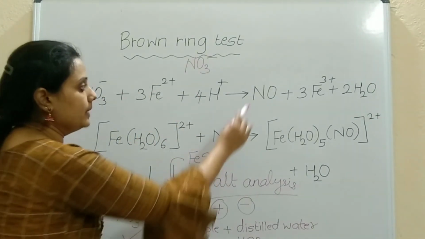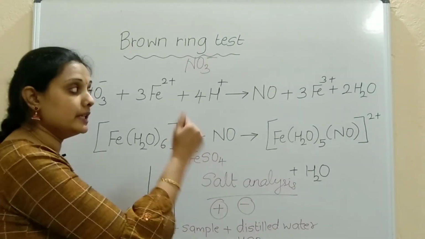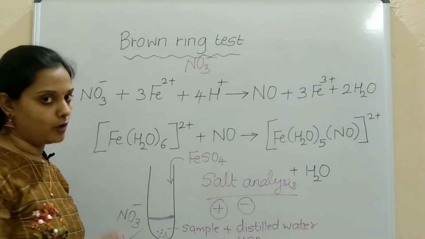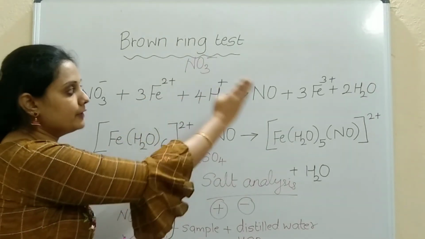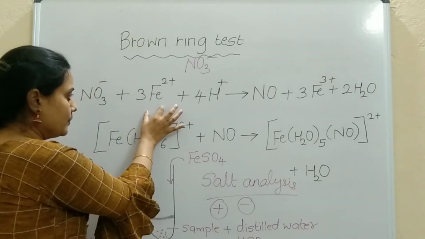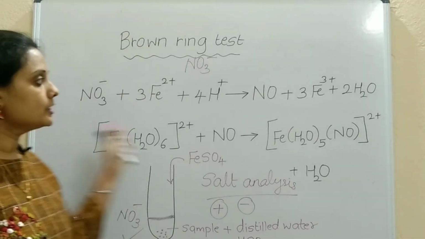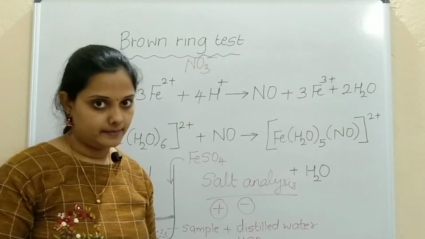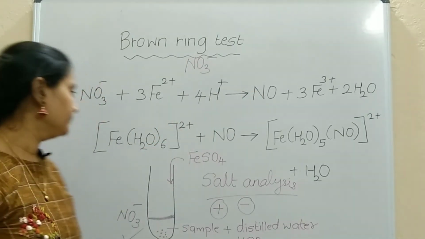This will form NO, nitric oxide, Fe3 plus ions and water, correct. Fe2 plus oxidizes to Fe3 plus, and Fe2 plus is oxidizing nitrate ions to nitric oxide, and further it is also forming Fe3 plus.